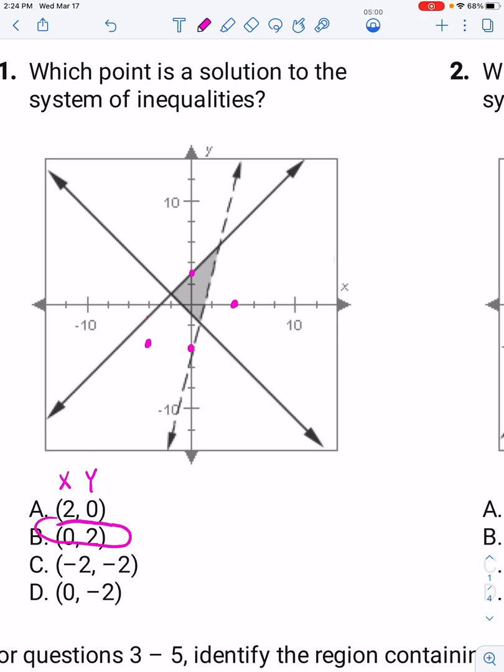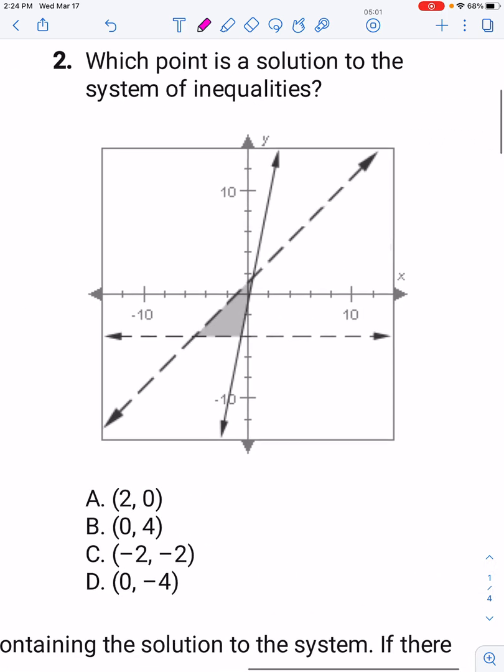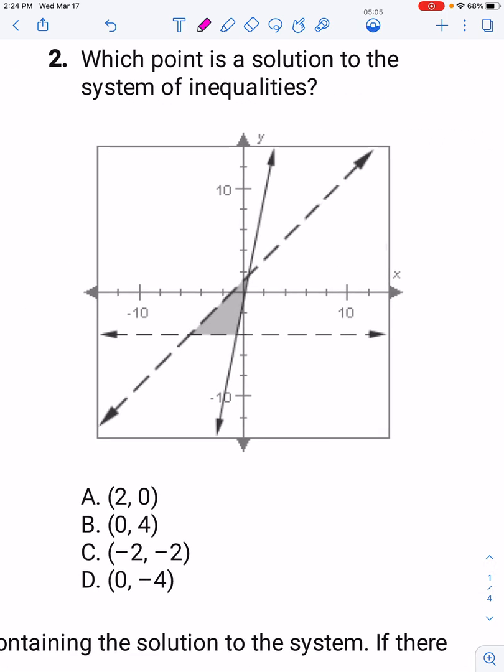It's 0, 2. If we look at question 2, we're going to do the same thing. We're going to plot our points. Remember, this is our x, this is our y. So we have on the x-axis 2, the y would be 0, so that would be here. Then we have 0, positive 4. That would be here. And then we have negative 2, 2, and negative 2, which is right about here.